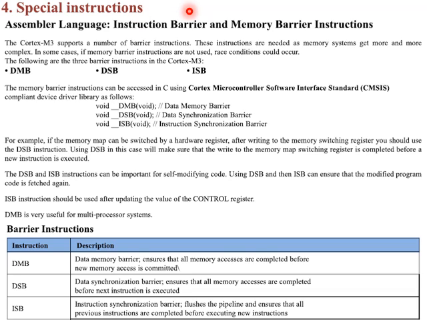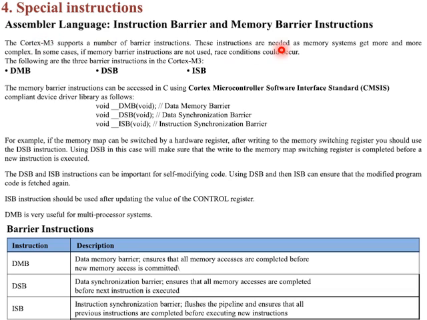In ARM Cortex M3, we have three special instructions which are related to the memory and memory access. They are usually referred to as instruction barrier and memory barrier instructions. Barrier here refers to a certain restriction.